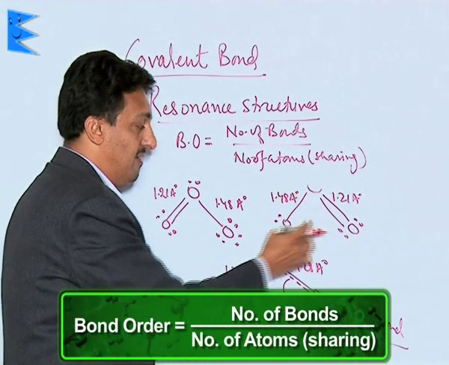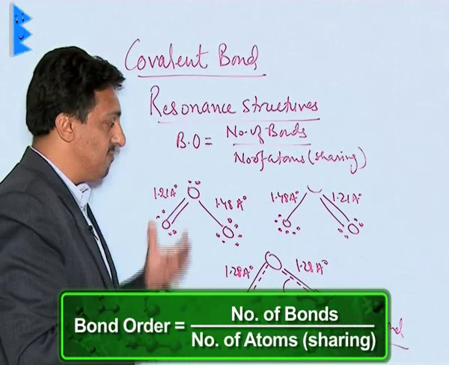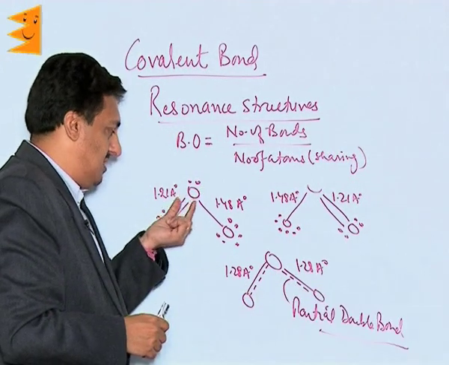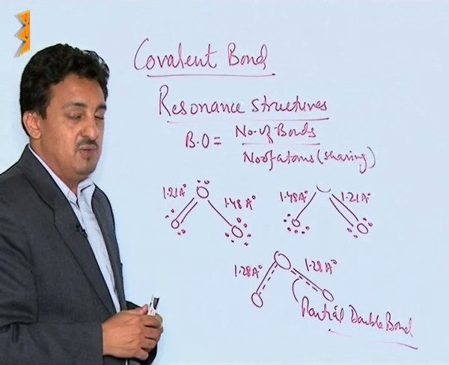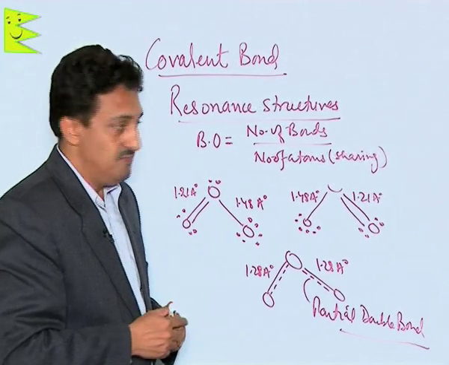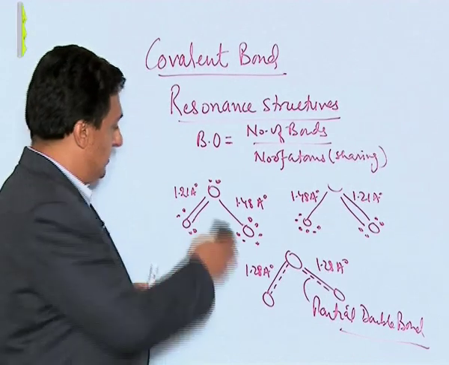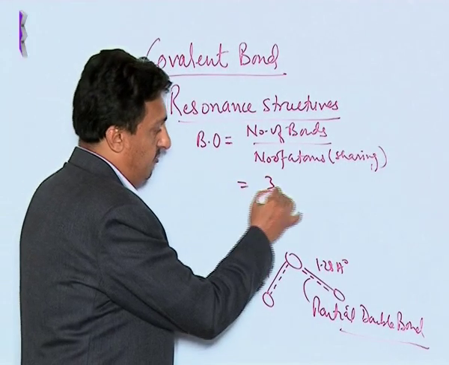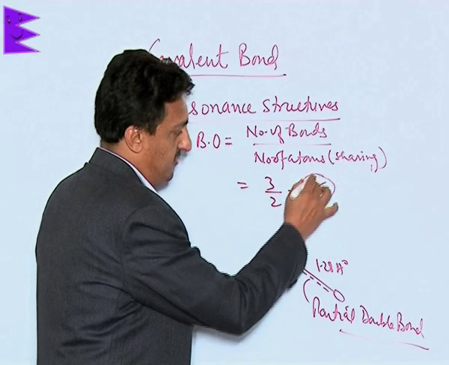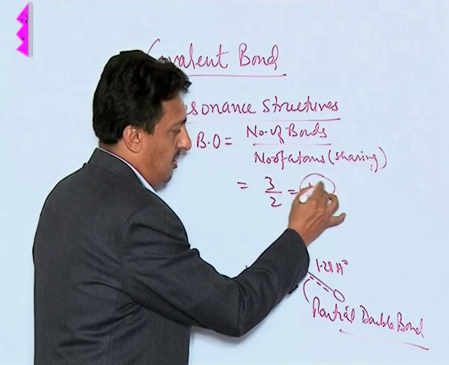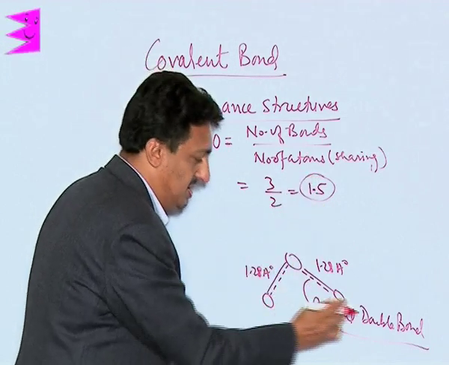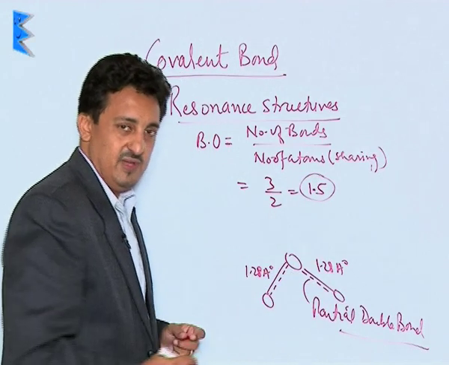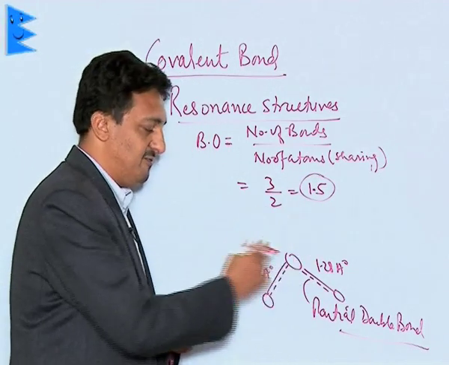With how many atoms are these bonds shared? See, the central oxygen is forming 3 bonds, which are shared between 2 oxygen atoms. So the bond order will be 3 by 2, 1.5. That's why we call it a partial double bond, 1.5. And the bond order in this case is a fraction.